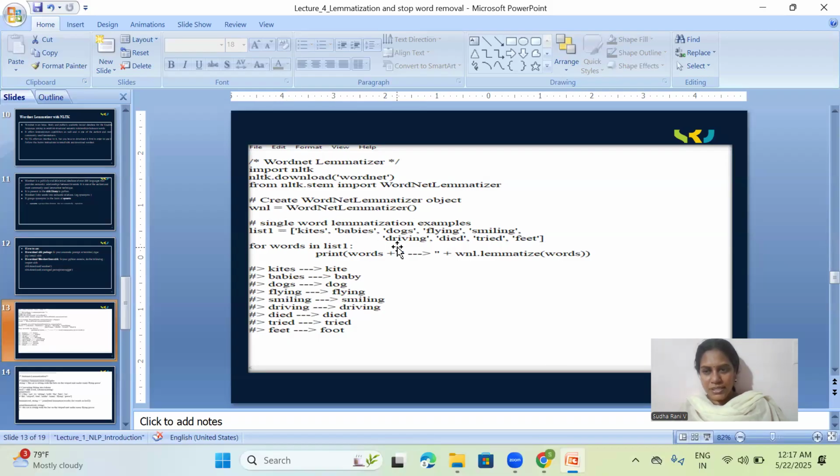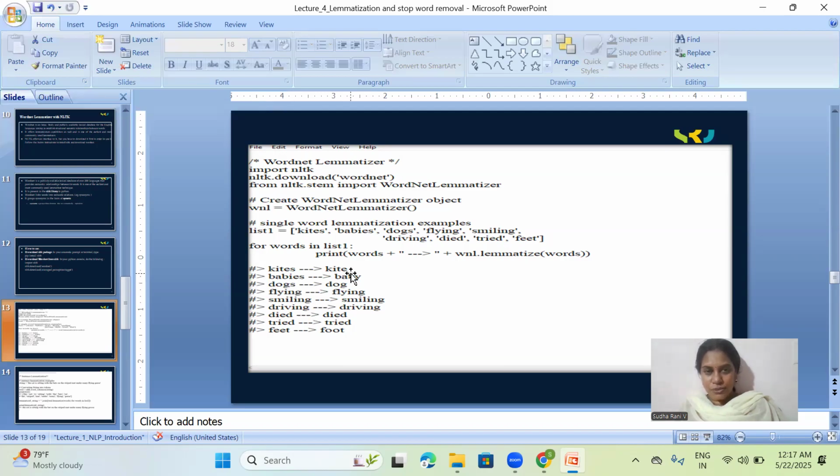Single word lemmatizer examples. List 1: kites, babies, dogs, flying, smiling, driving, died, tried, feet. For all these words, now I want to generate the root word by using the lemmatizer. For the words in the list, print the words. Kites is the word.